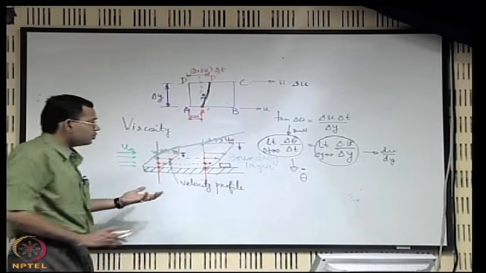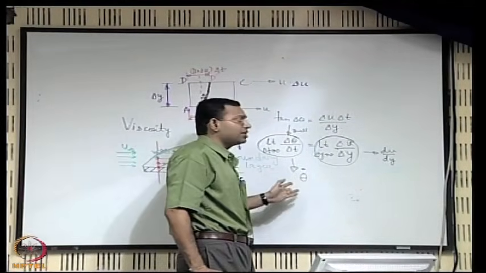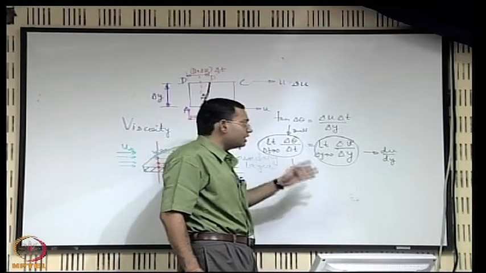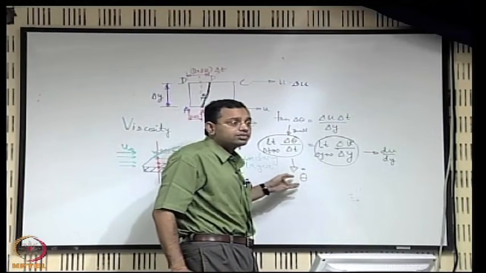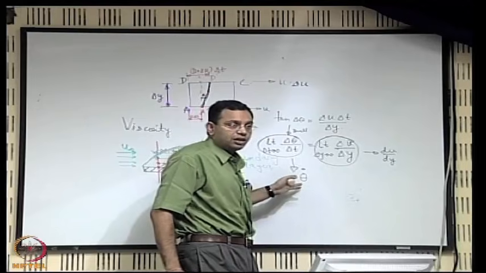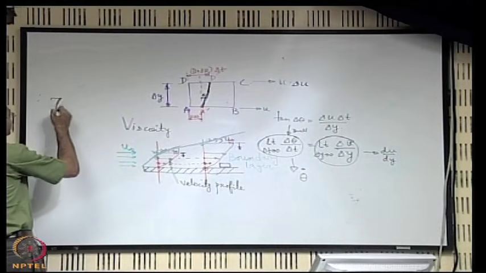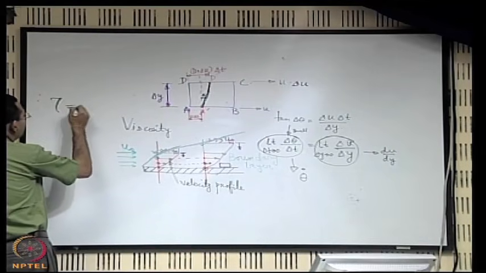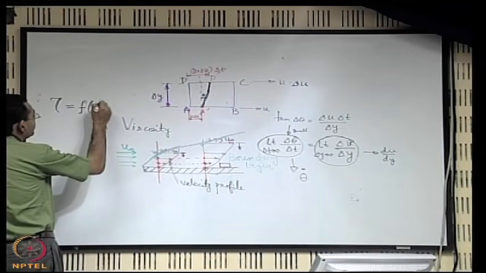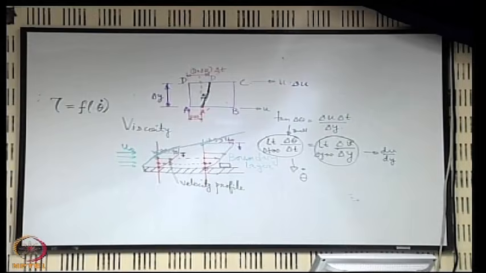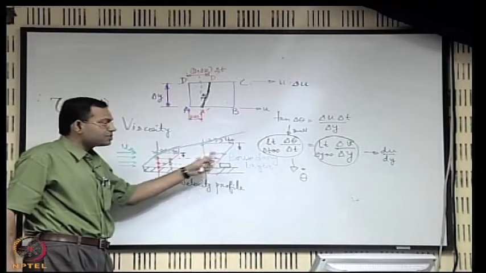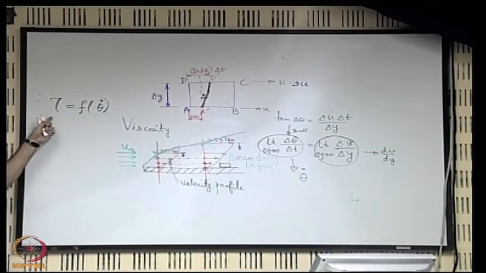So there is therefore some relationship which should relate the rate of deformation with the shear stress, and in a general functional form we can write that the shear stress should be a function of the rate of deformation. Of course, when we are writing a shear stress here, what should be the correct subscripts if we want to write it in terms of tau ij?